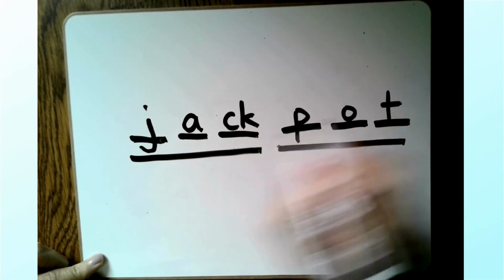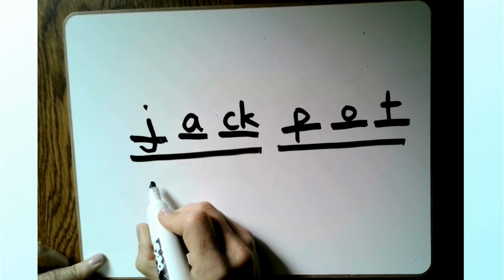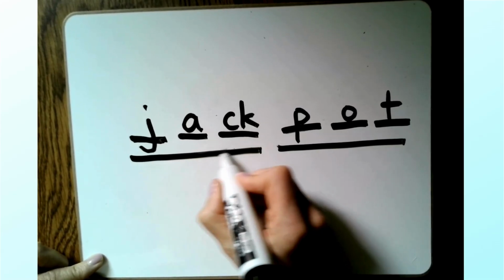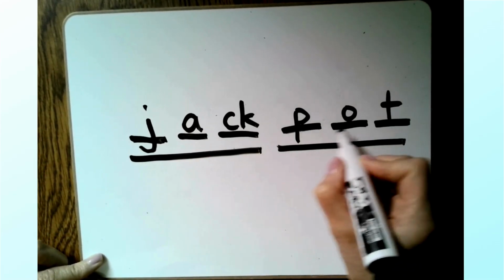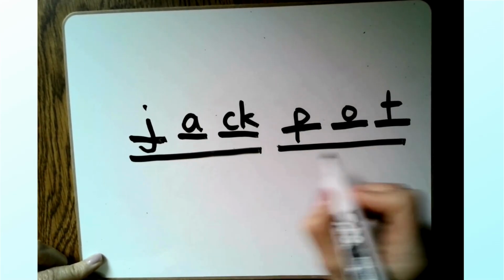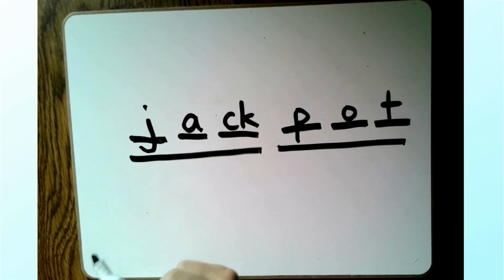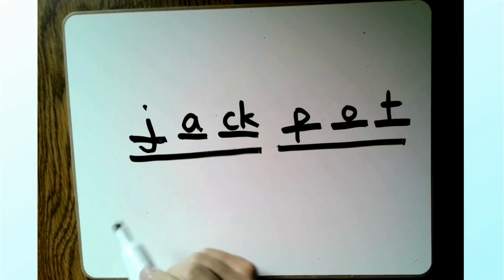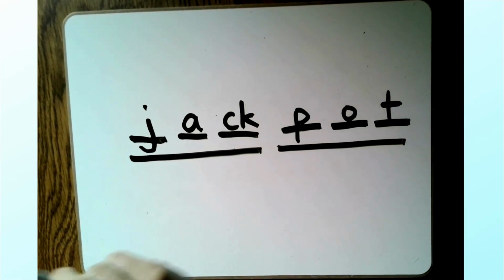P, o, t. Now we blend the sounds within each syllable together. Jack, pot, jackpot. You can do this with 1-syllable, 2-syllable, 3-syllable, even 4-syllable words. It helps to ensure that students include a written grapheme for every sound heard in every word.